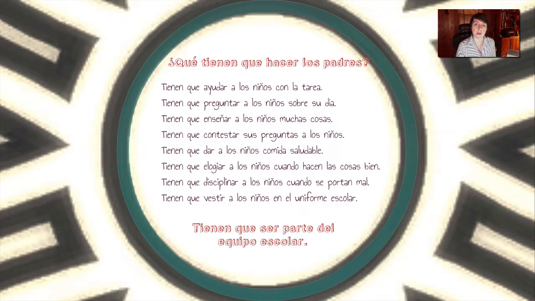Repita, por favor. Tienen que ayudar a los niños con la tarea. They, or you guys, have to help the kids with their homework. Tienen que preguntar a los niños sobre su día.